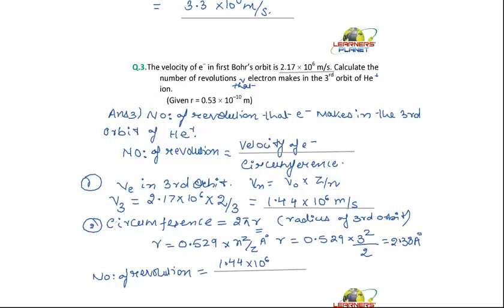And what is the radius over here? The radius is 2.38 into 10 to the power minus 10, and that is equal to, let's calculate, 1.44 into 10 to the power 6 divided by 2.38 into 10 to the power minus 10.